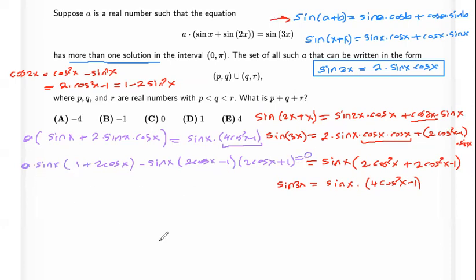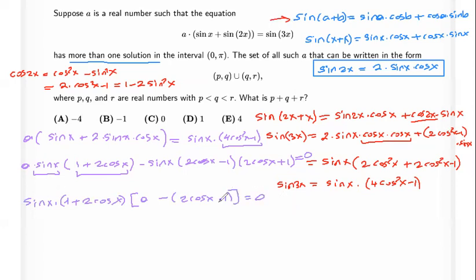So now we have some terms that are common: sine x is common, 1 plus 2 cosine x is also common. If I pull those as a common factor, sine x times (1 plus 2 cosine x), then what is left over is minus, I pull the positive version, so the negative stays there: minus (2 cosine x minus 1) is equal to 0.